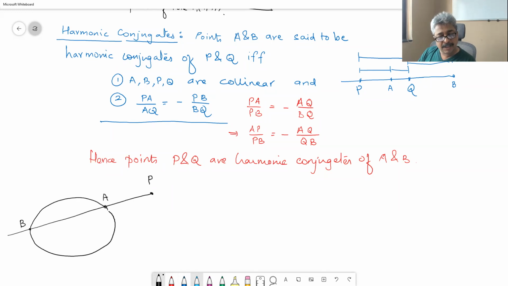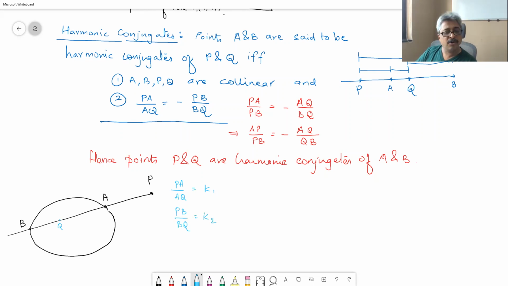Now, understand this. If I choose any point here, Q, then I can always say that PA upon AQ is going to be some ratio, and PB upon BQ is going to be some other ratio.